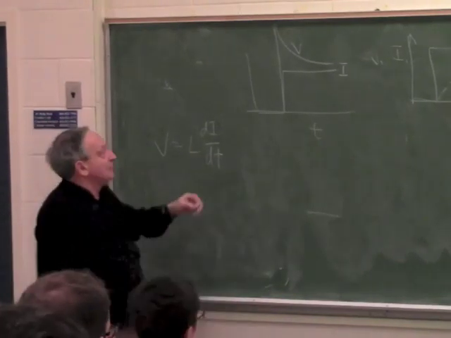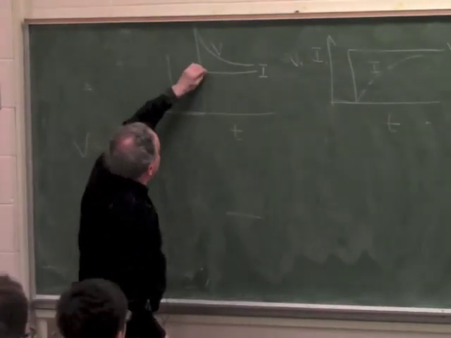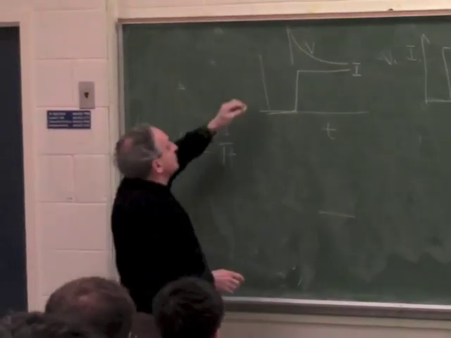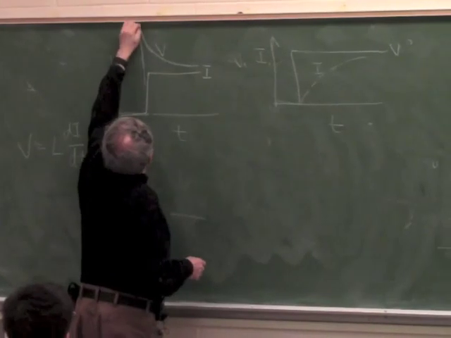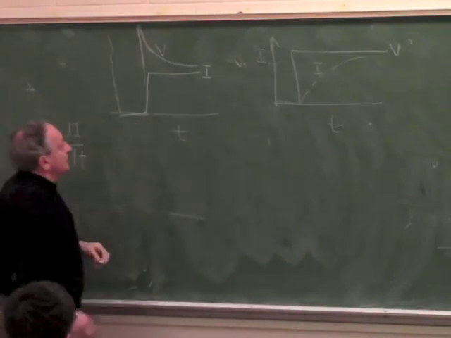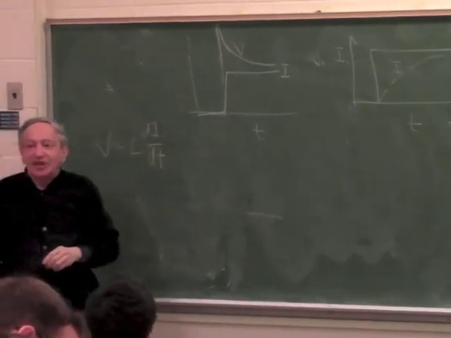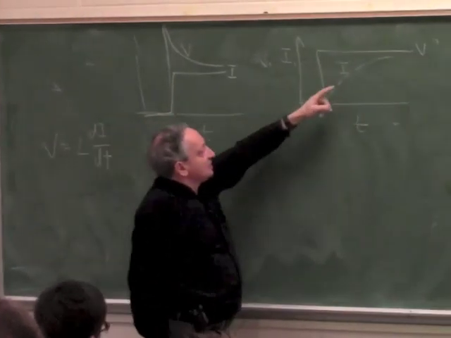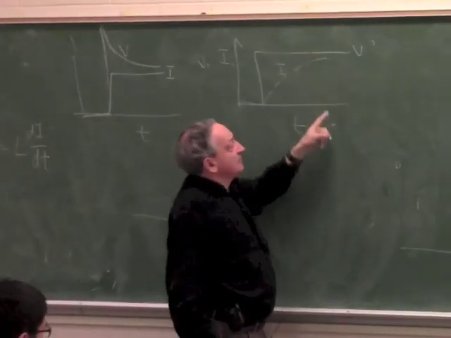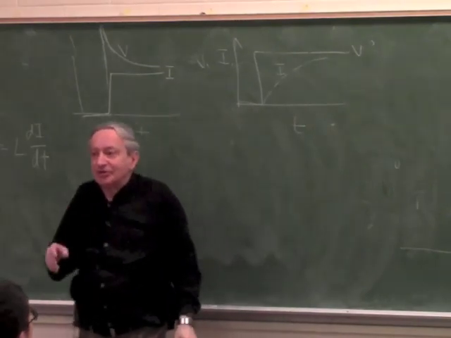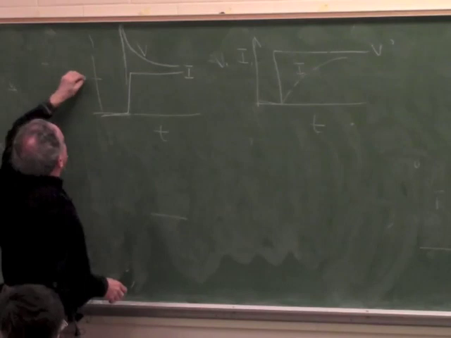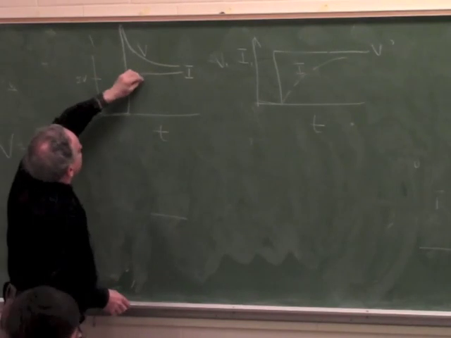So what you do is a compromise. You make the I with a certain slope, a pretty fast slope, so the V doesn't have to start from infinity, but starts from a very high voltage. In a typical drive of a stepper motor, if the working voltage is, let's say, 5 volt, you actually start with 50 volt. So say this will be 5 volt, and this will be say 1 amp.